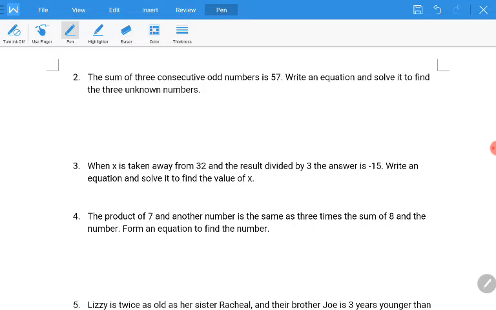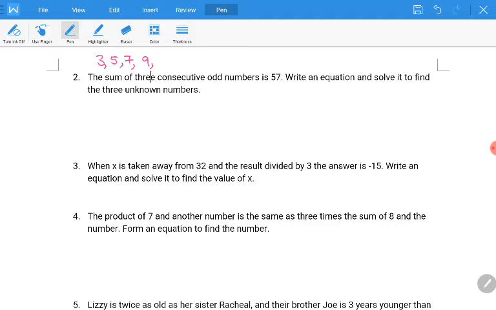In solving this equation, we need to bear in mind that the difference between consecutive odd numbers is 2. For instance, the difference between 3 and 5 is 2, between 5 and 7 is 2, between 7 and 9 is 2, and so forth. So it goes in that pattern.